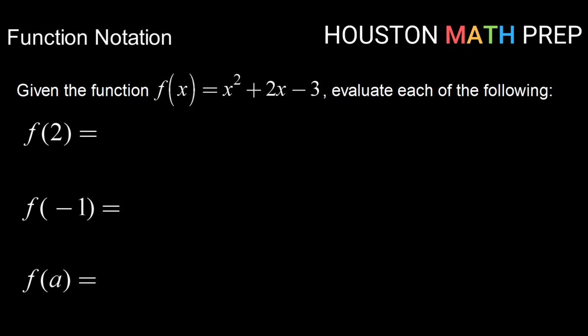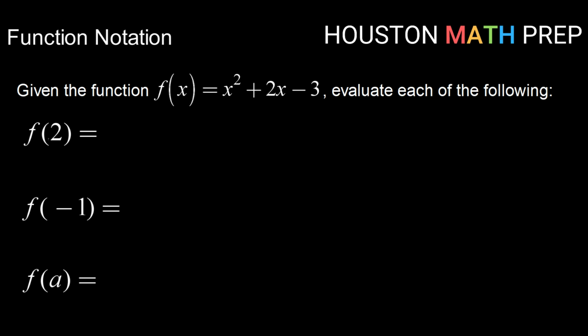Okay, so here we have another set of function notation. If f of x, so the function f with x as the input, equals x squared plus 2x minus 3, then we can evaluate that function at different inputs other than x.